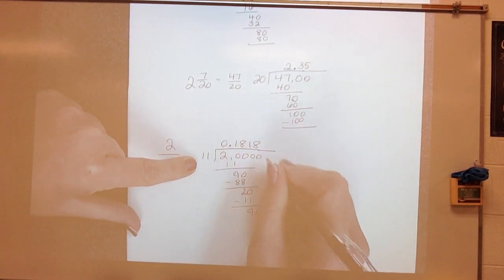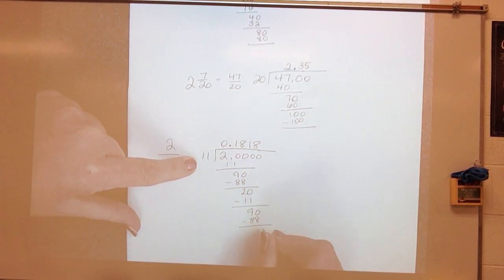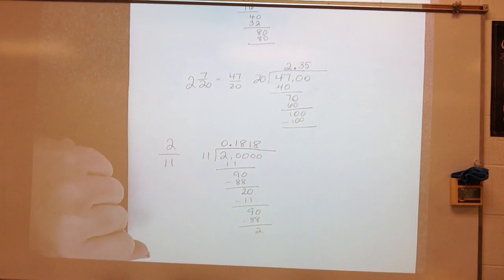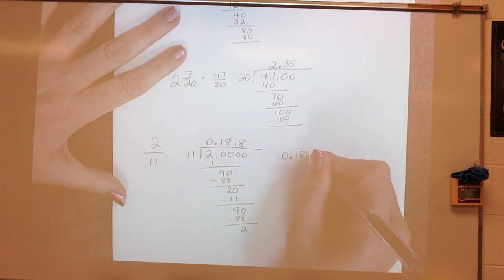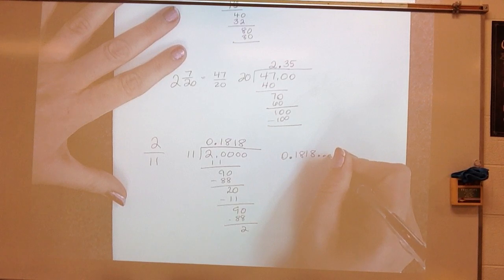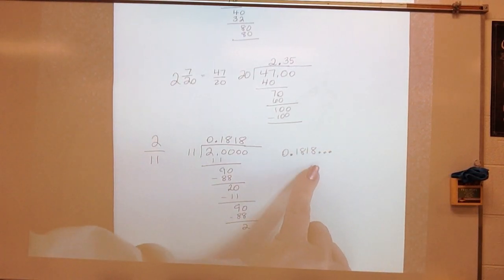You should start seeing something here. You should notice that I'm starting to repeat. All right? So this is a repeating decimal. So you can write it a couple of different ways. You can write it like this. Those 3 dots tell me that it continues in the same pattern.